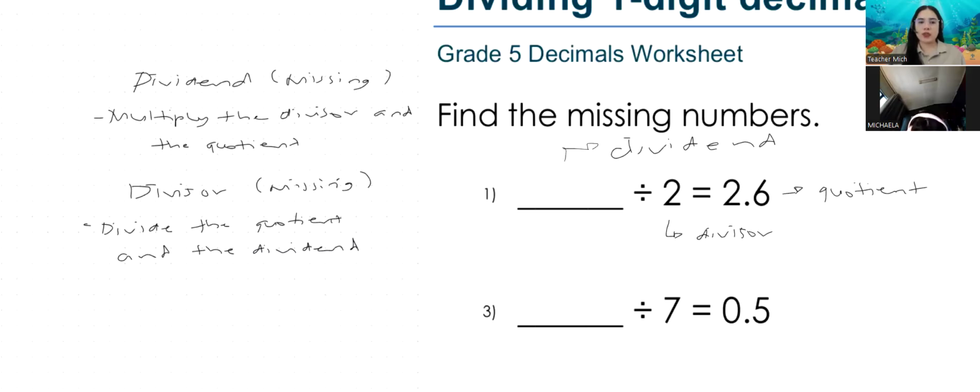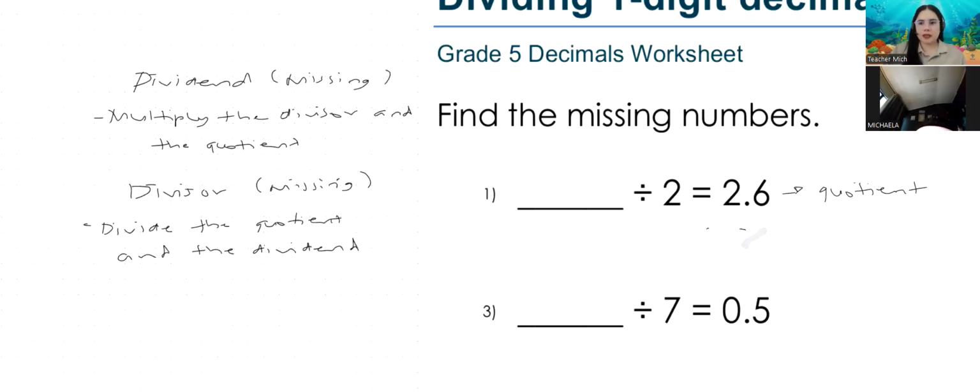And if the divisor is missing, what is the process that we need to take? Divide the quotient and the dividend. Okay, very good. We need to divide the dividend by the quotient. So let me first erase this one and show you how to do that.